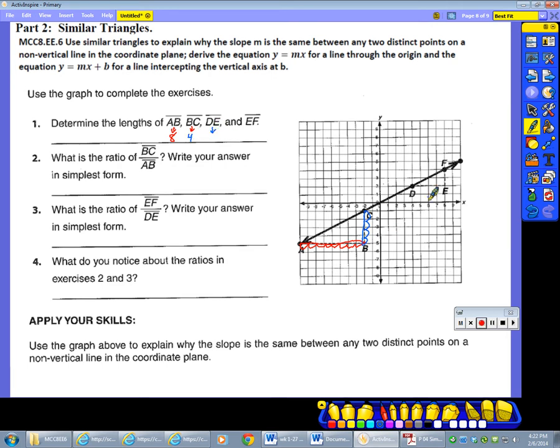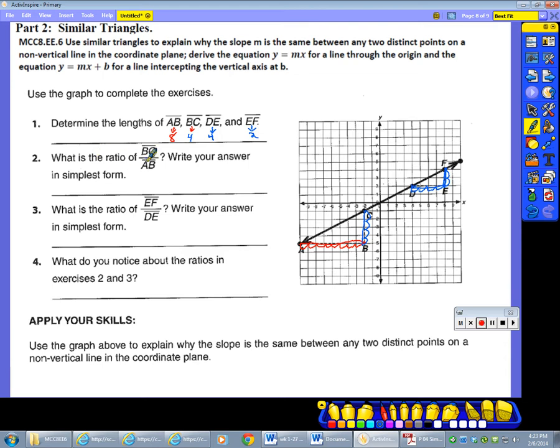And then line DE, let's see how long that is. 1, 2, 3, 4. That's 4 units. And then EF, right here, that is 1, 2 units. Alright, we're going to need that later.